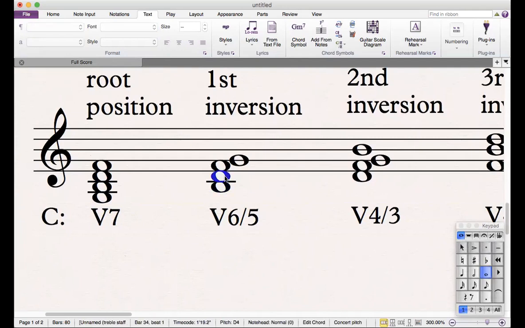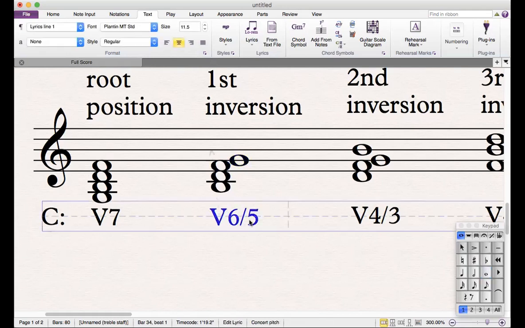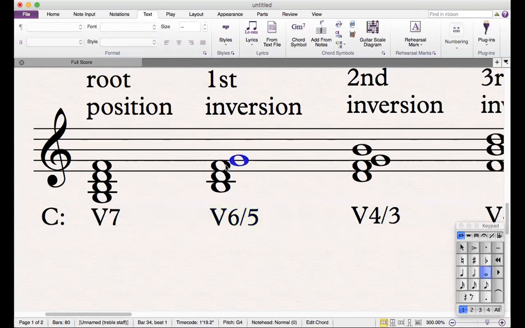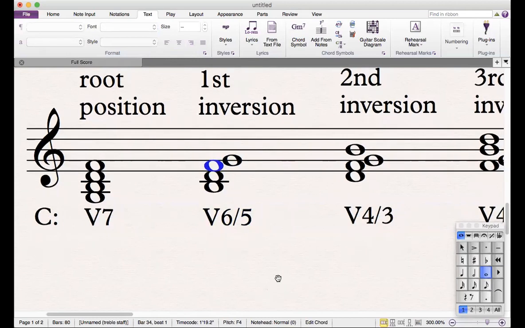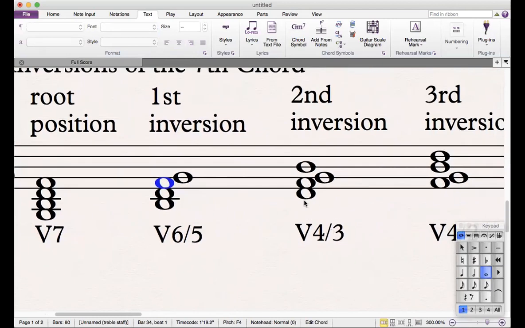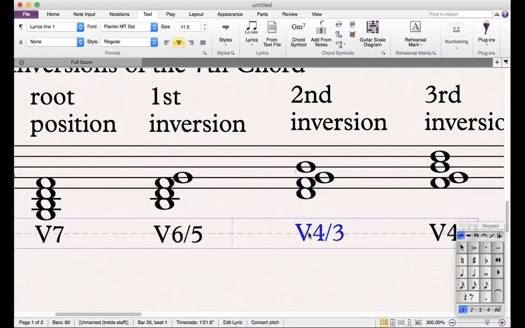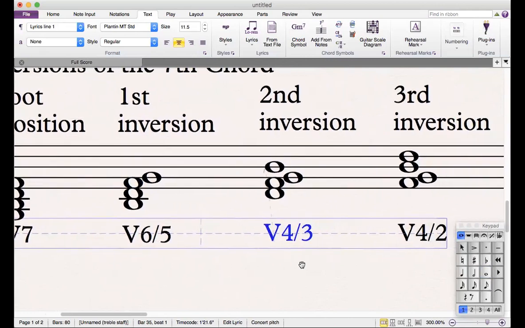This is the 3rd, the 5th, and the 6th. This is why we call it 6/5, because there's a 6 and a 5. That's an identification. For the next one, this is not the root, but it's the bottom note, the bass note. So this is the 3rd above it, the 4th, and the 6th. Here's the identifying interval. That's why we call it the 4/3.